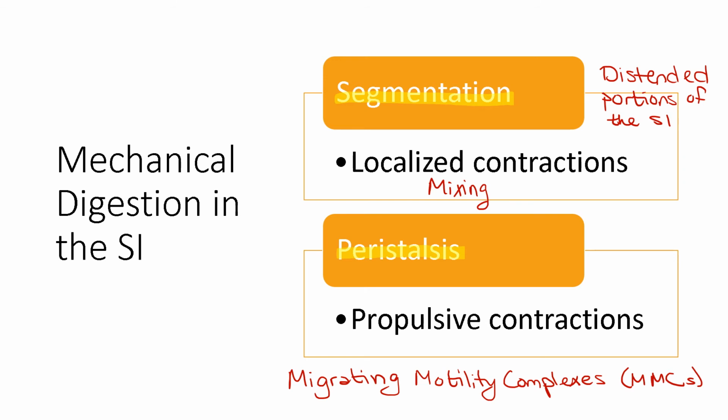Now, segmentations will mix the chyme with digestive juices and also bring particles of food into contact with the mucosa for absorption. So this is just kind of a mixing type of movement.